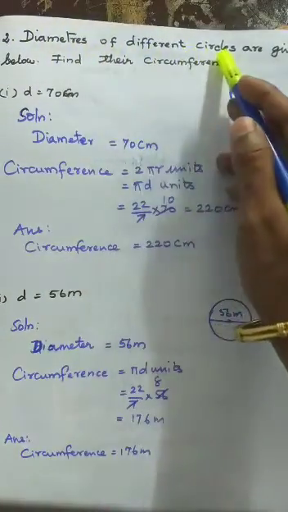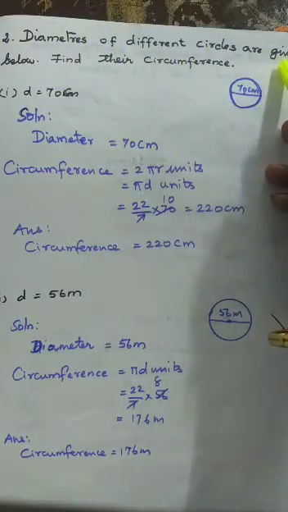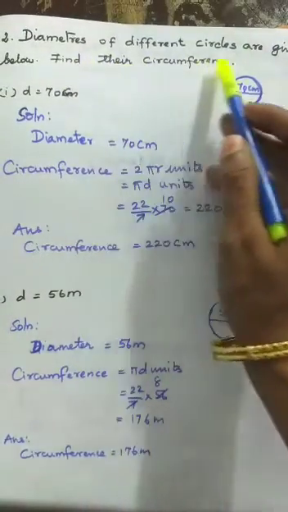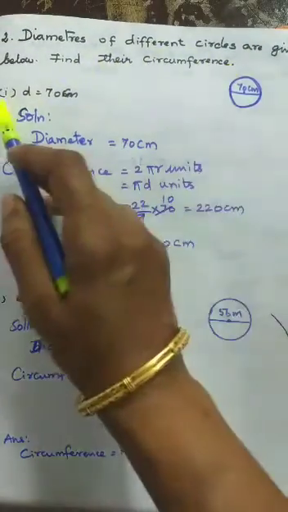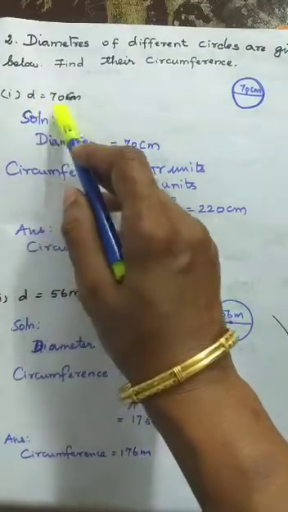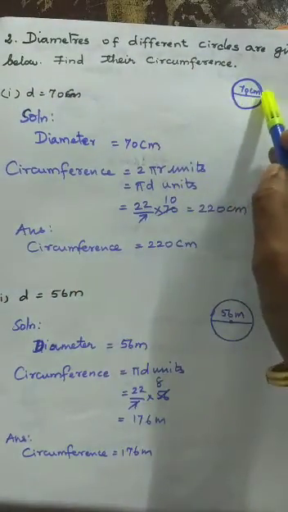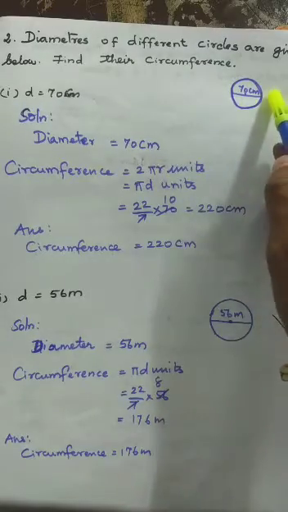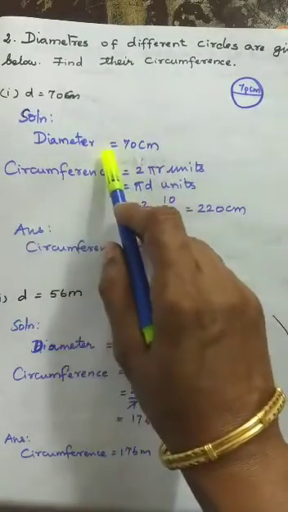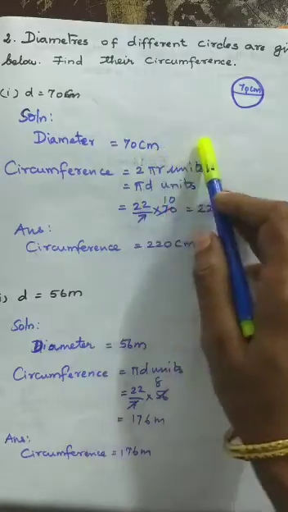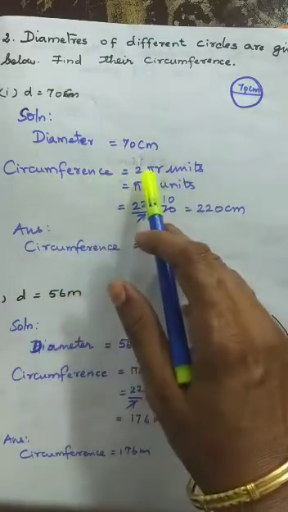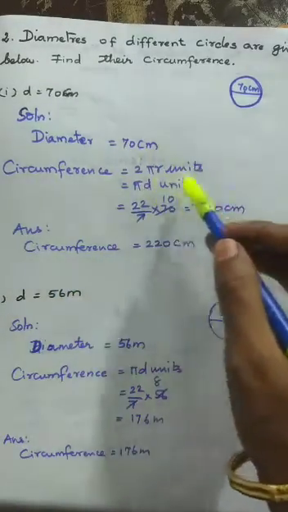Okay. Second sum. Diameter of different circles are given. Find their circumference. First one, D is equal to 70 centimeters. So, you draw the circle, the full line. 2R is 70 centimeter. Diameter is equal to 70 centimeter as given. Circumference is equal to 2 pi r units and pi d units.